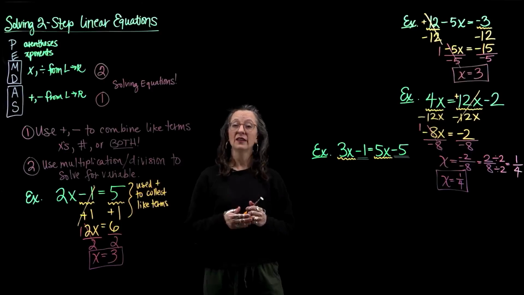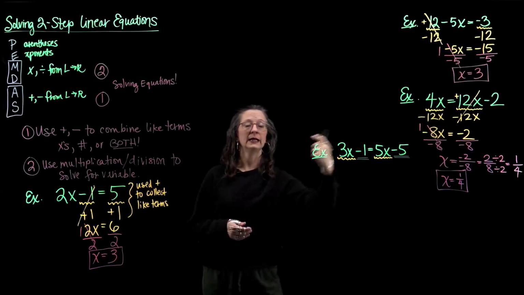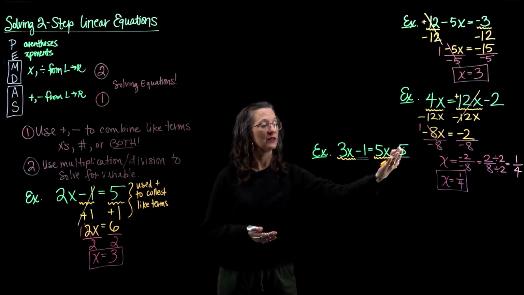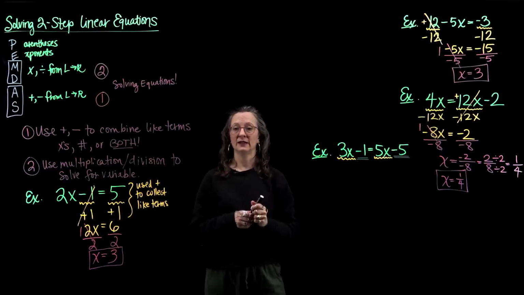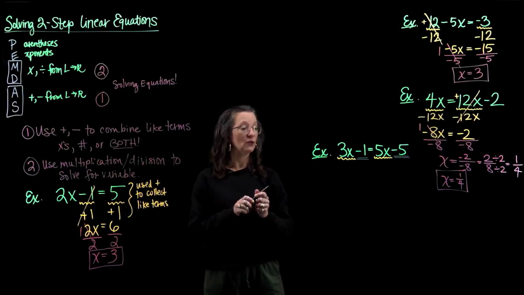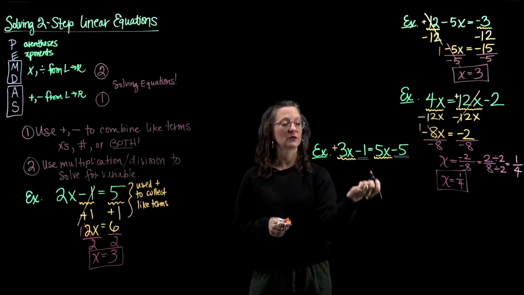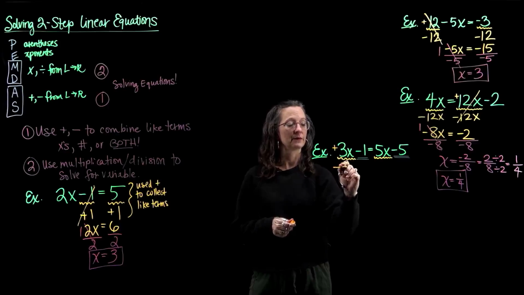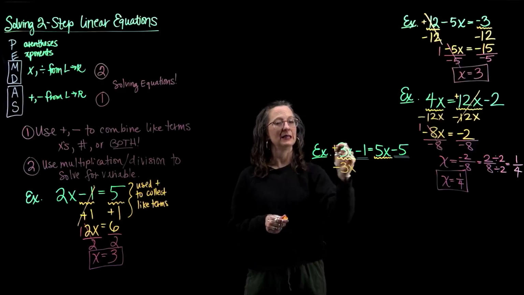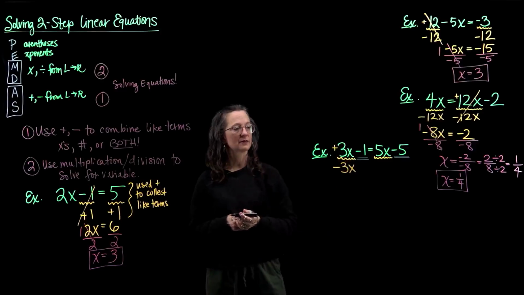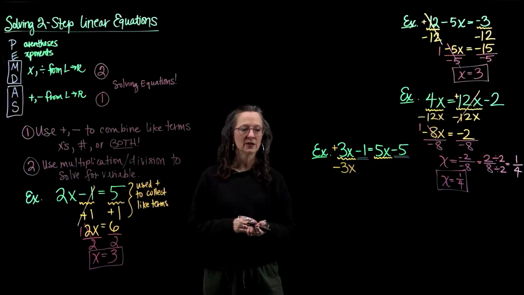I'm going to get all the x's moved over to the right-hand side and all of the numbers to the left-hand side. In order to do that, I'm going to add and subtract one of those terms with the x. Remember, we have that sneaky plus on the 3x. We don't write it, but we know it's there.